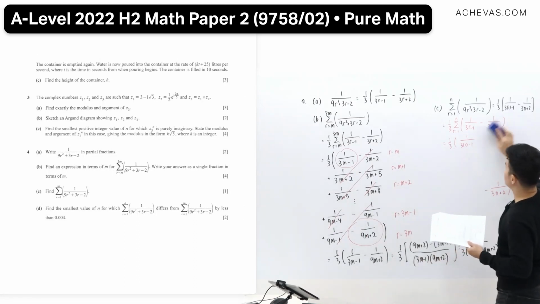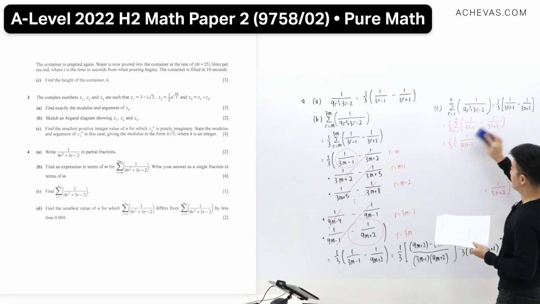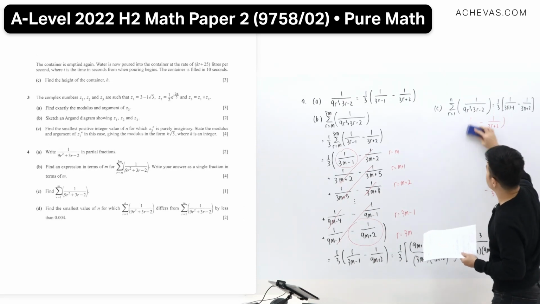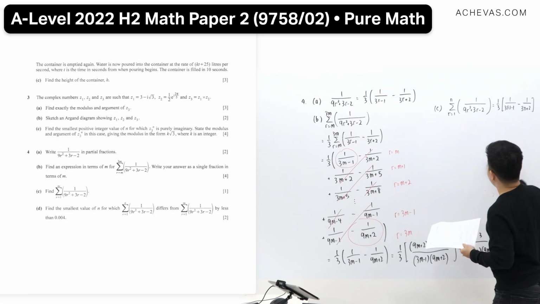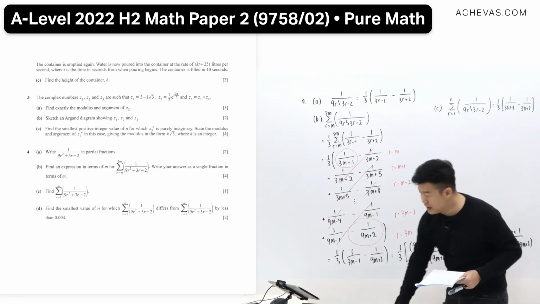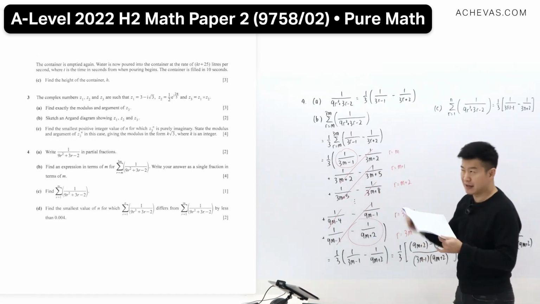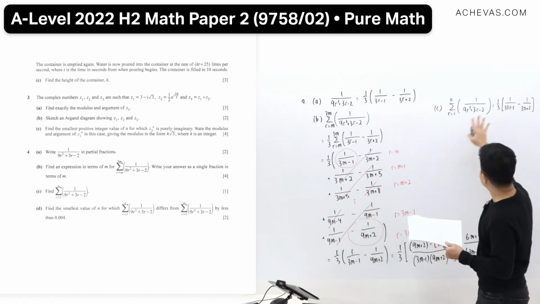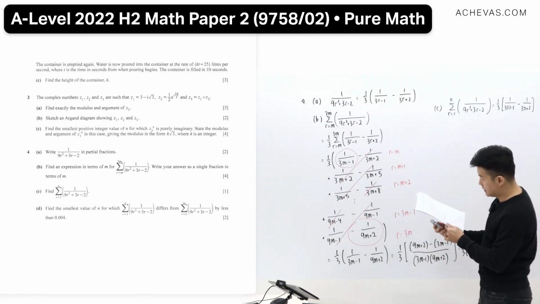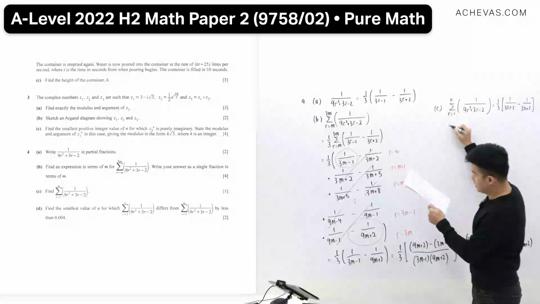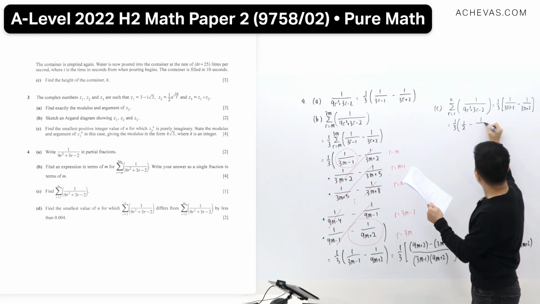So this is just all supposed to be my imagination. Let me erase this so that I can continue to write. So from part B, hopefully we will be able to foresee that my answer is going to be something like this, which is equal to 1 over 3 of 1 over 2 minus 1 over 3n plus 2.